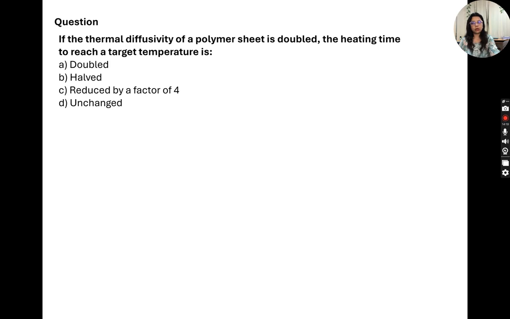Either it will double, be half, be reduced by a factor of 4, or remain unchanged. I'm giving you 1 or 2 minutes to solve this, as it depends on the formula we just read in the last slide.